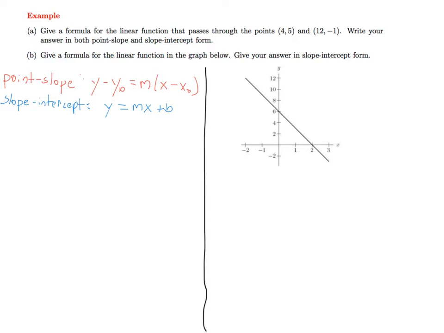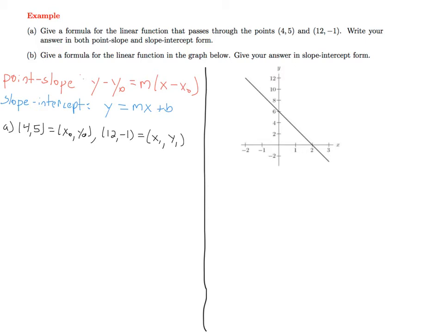Okay, so in part A, let's just be careful how we identify the x and y values. So we have a point at (4, 5), and we can call this our (x0, y0). And we have a second point at (12, -1), and we can call this our (x1, y1).